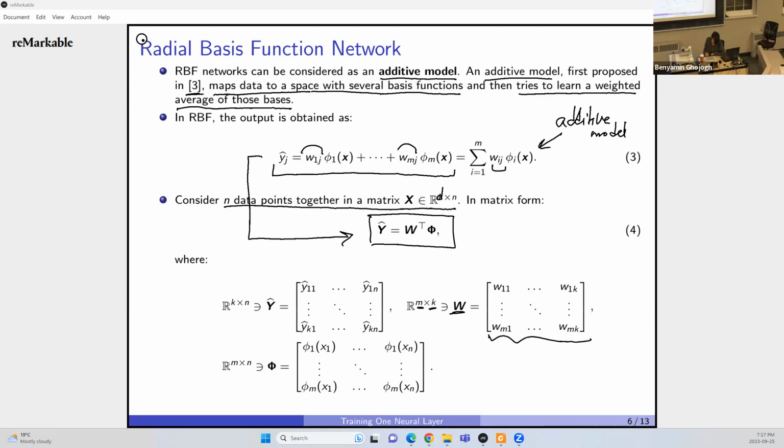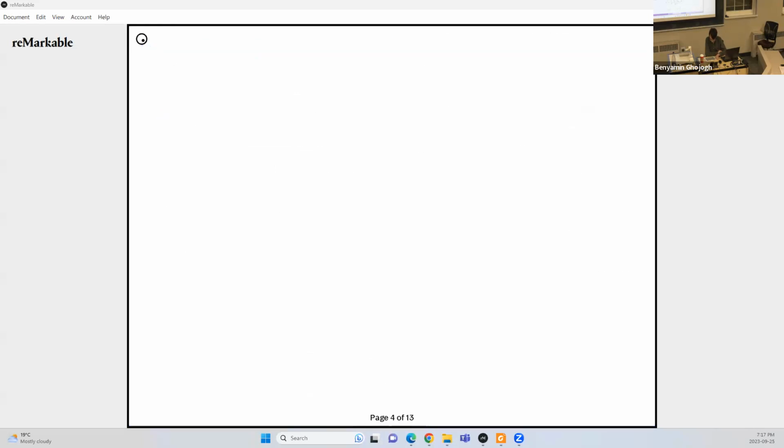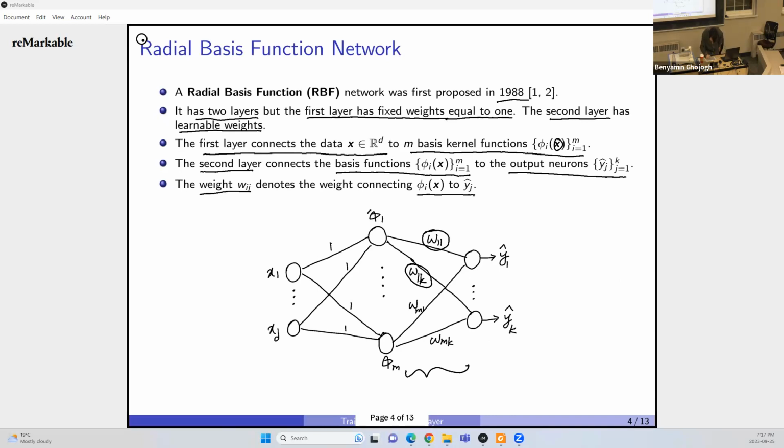What about phi? I can have that phi also becomes a matrix. Why? Because I have phi 1 to phi m, each of which can take x1 to xn. I have n data points, right? Let's go back and forth between the figure and the formula. Each phi takes a vector x, right? Now this can be vector x1, the vector x2, until the vector xn, right?